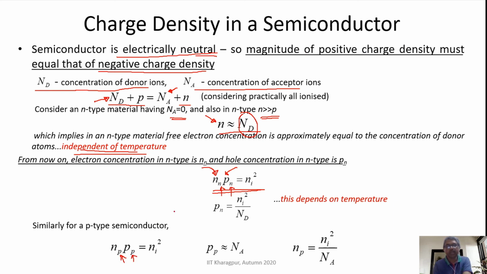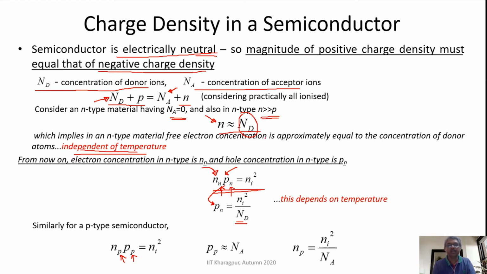Again, this relation holds good whether it is intrinsic semiconductor or extrinsic semiconductor, and we can write Nn multiplied by Pn is equal to ni square. So you see, the minority carrier concentration Pn can be written as ni square over Nd, because all the dopant will be ionized.